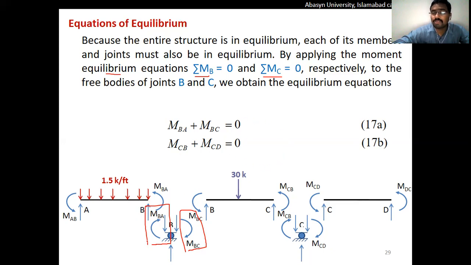As these two moments are in the anti-clockwise direction, their values will be positive: MBA plus MBC is equal to 0, because there will be no rotation or support settlement. If we have a support settlement here, then its value will be equal to that settlement of the support. And similarly at point C, it will become MCB plus MCD equal to 0.